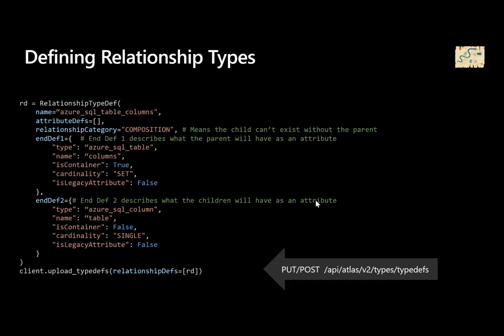Next, we have a relationship category. Relationship category really defines the behavior of your entities. In this case, a composition means the child can't exist without the parent. So if you have an Azure SQL table, and you have columns already associated with it through a relationship attribute, then you cannot delete that table until every single child in this relationship, every single column, has been deleted.